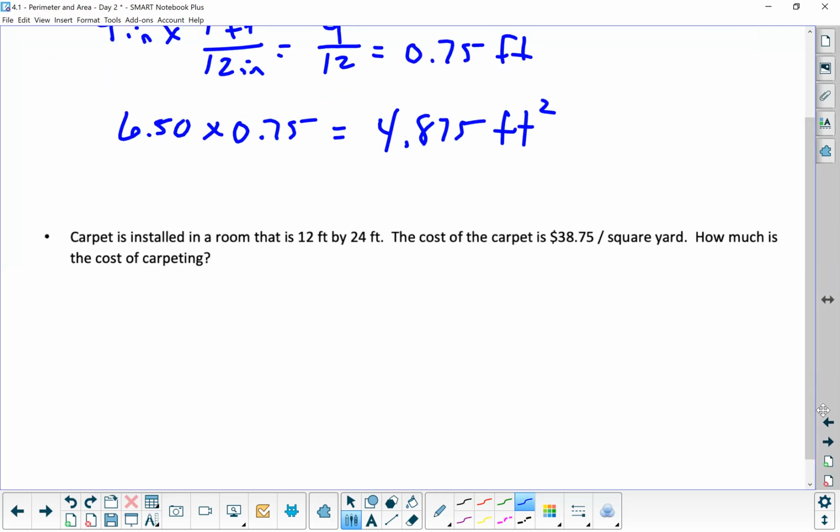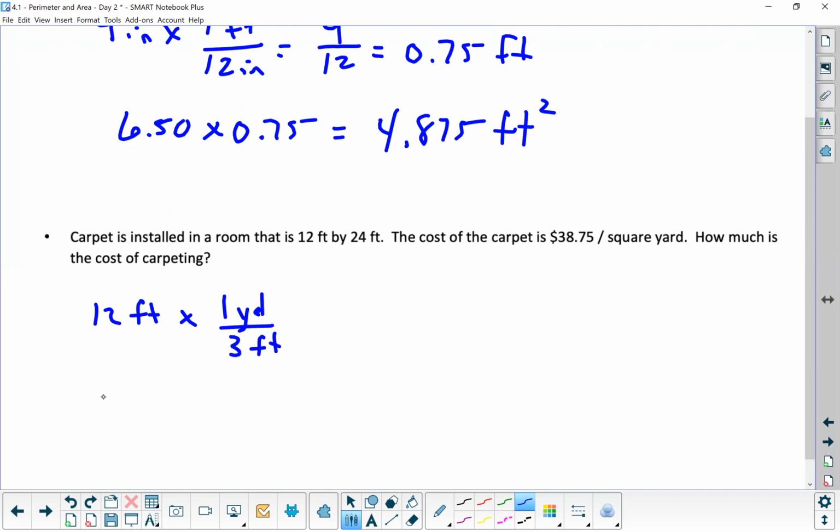Carpet is installed in a room 12 feet by 24 feet. The cost of the carpet is $38.75 per square yard. How much is the cost of the carpet? So I would convert from feet to yards. 12 feet, and 1 yard is 3 feet.